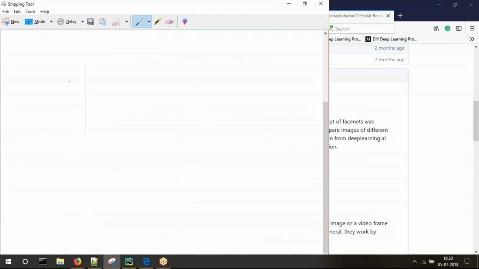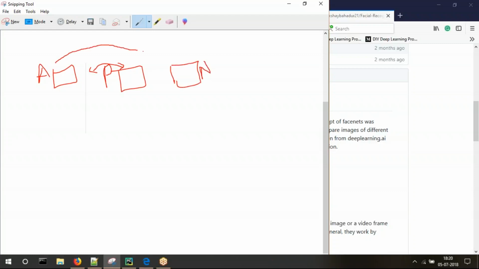This is your anchor image, and then you have a positive image, which is actually of this person. So these are the same, anchor and positive. And then you have a negative image. This anchor and this negative image are not the same.